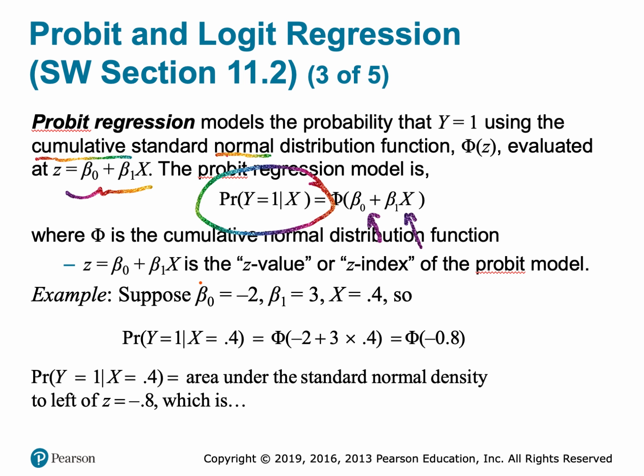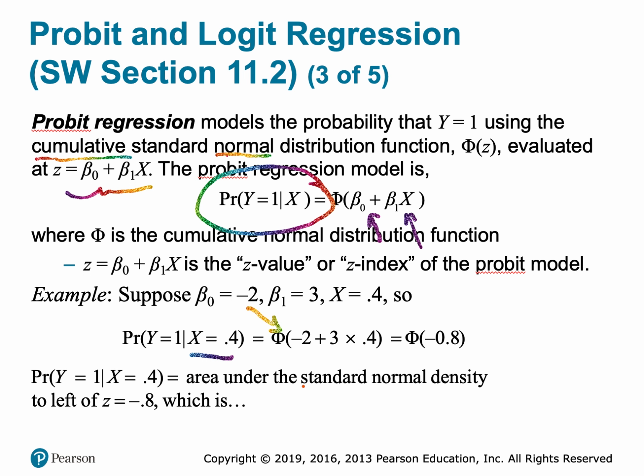Let's look at a brief example. Suppose that beta naught is equal to -2, beta 1 is equal to 3, and x is equal to 0.4. Then the probability that y equals 1 given x equal to 0.4 is the cumulative probability of -2 plus 3 times 0.4, which is the cumulative probability of z equal to negative 0.8.